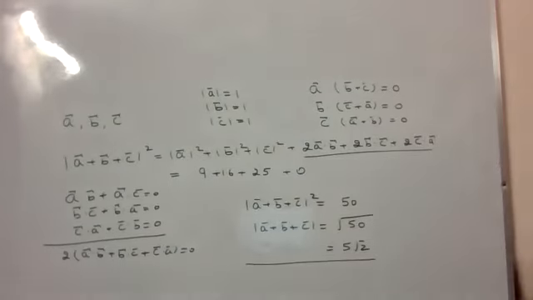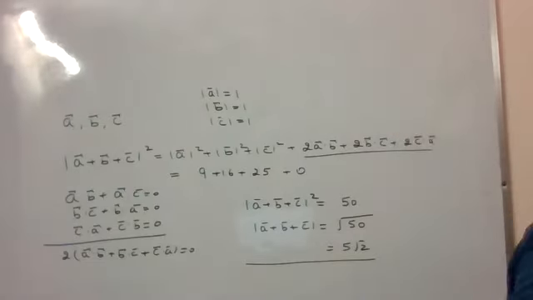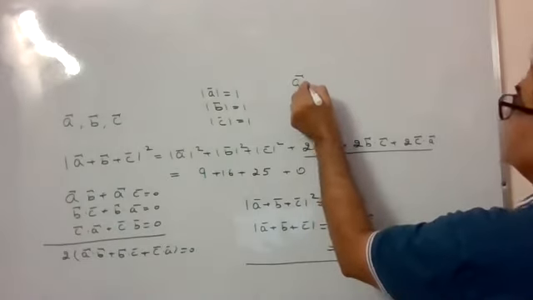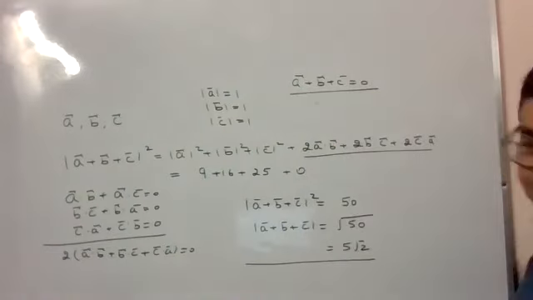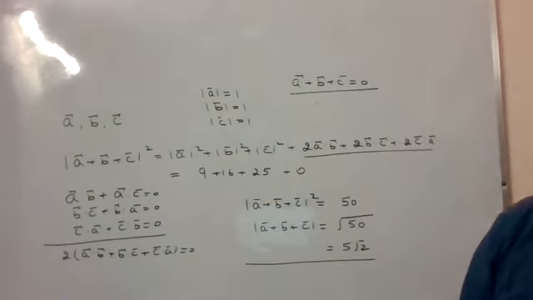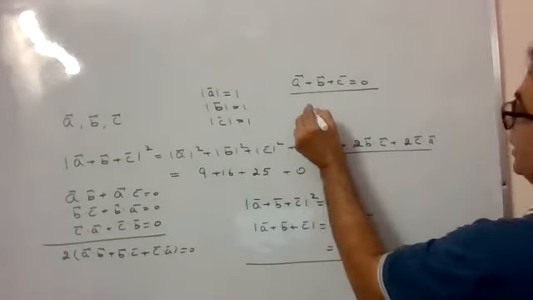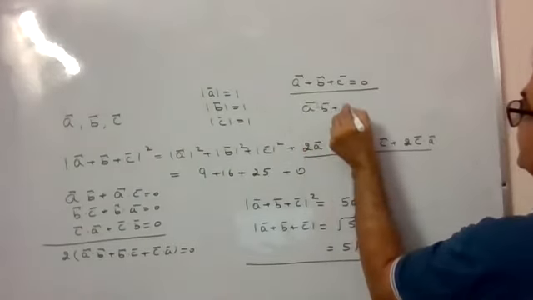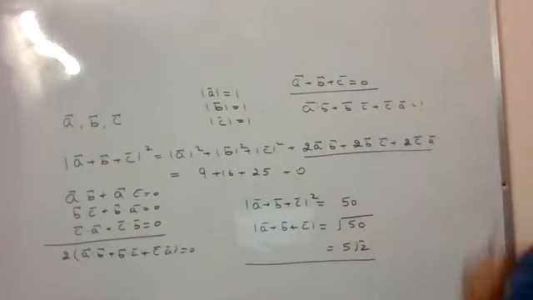Such that A plus B plus C is 0. My question is, find the value of A dot B plus B dot C plus C dot A. ये value आपको calculate करना है.